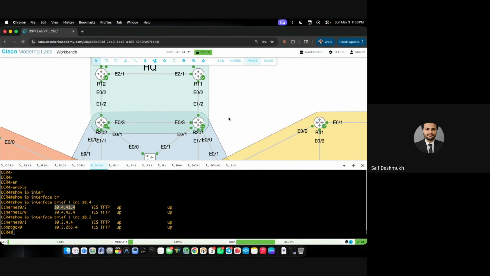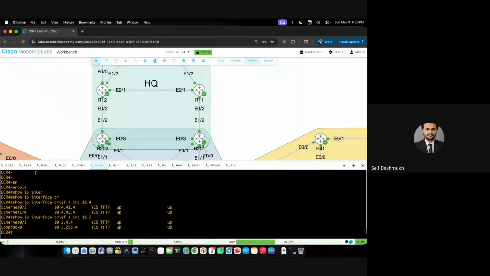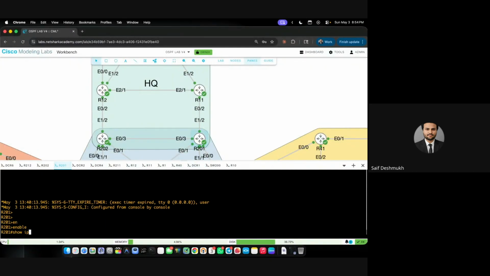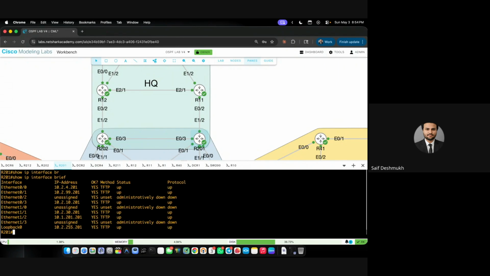201 also has the majority of its interfaces facing inwards towards the DC, but one interface going towards HQ. If we go there and run show ip interface brief, we have one interface, 1/2. Look at this, 10.1 because it's headquarter, and 201 represents the link between HQ and DC coming from 201.